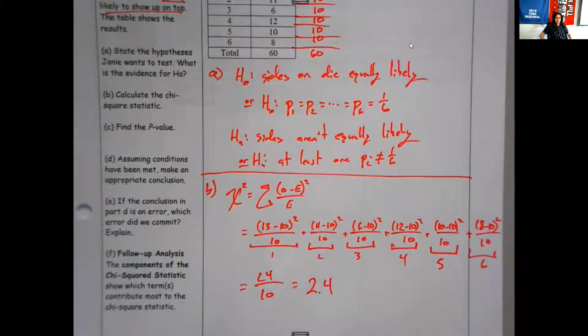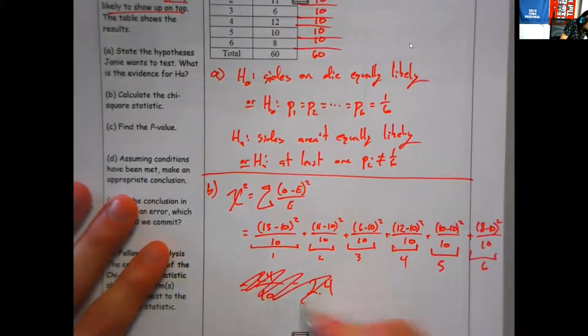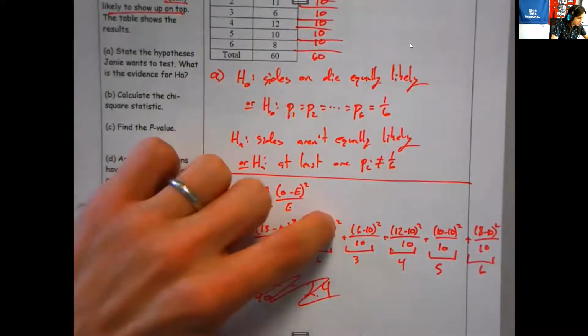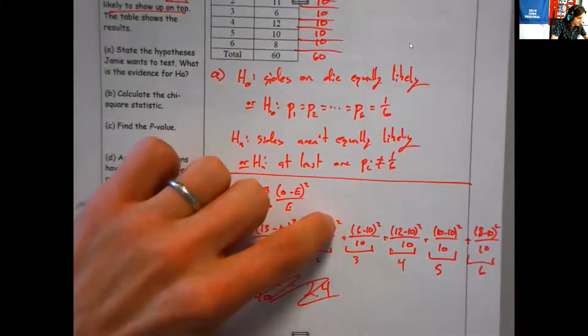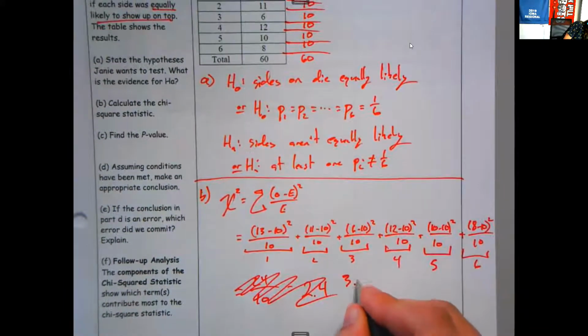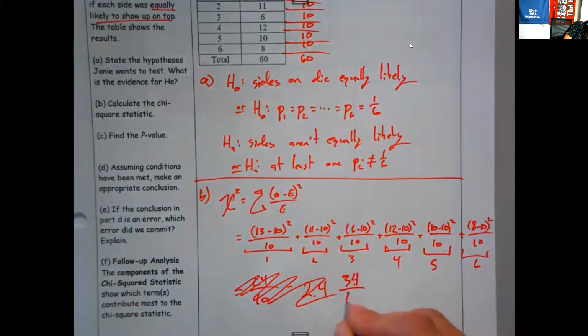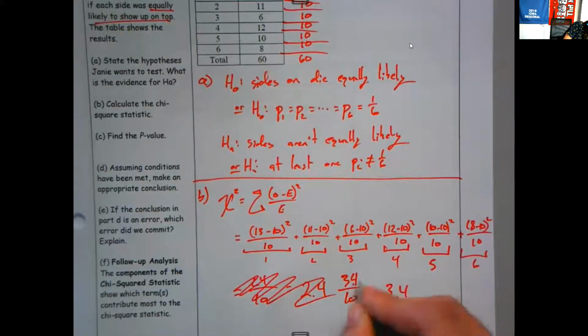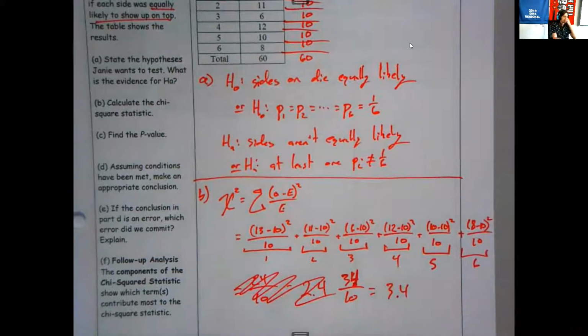Did I do that right? 9, 10, 4 squared is 16. Oh, no, I didn't. 9, 10, 4 squared is 16, makes 26, 30, 34. Okay, that's right. 34 over 10 is 3.4 for our chi-square statistic. 3.4 is our chi-square statistic.